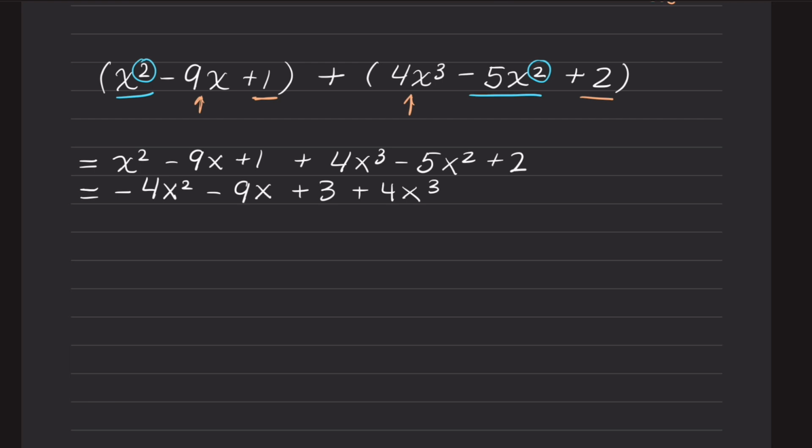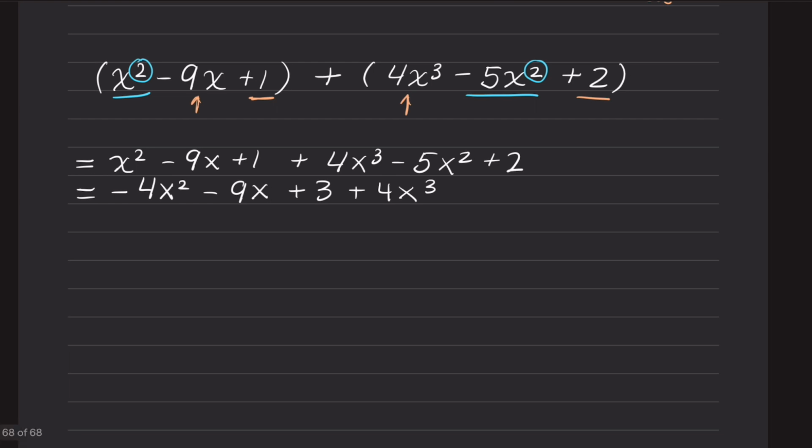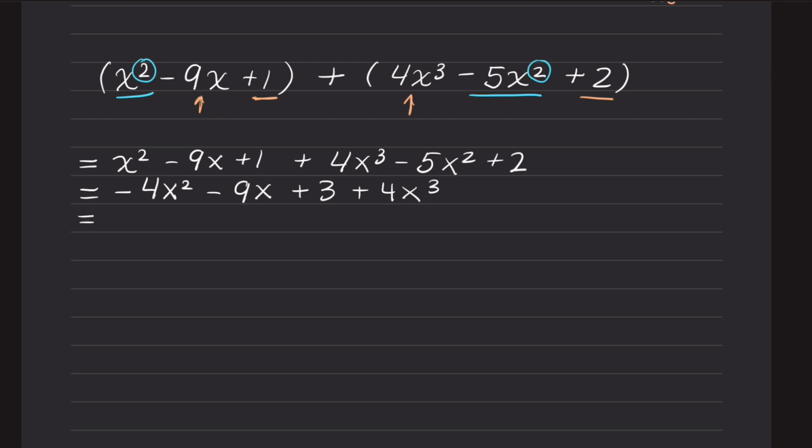And then, I didn't specify to do this necessarily in the problem statement, but if we wanted to write this in standard form, we're going to rearrange the terms in descending degree. So I'm going to start with the highest degree term, and I'm going to go down to the lowest degree term. And when I'm talking about the degree of the term, I'm talking about the exponent of the x.